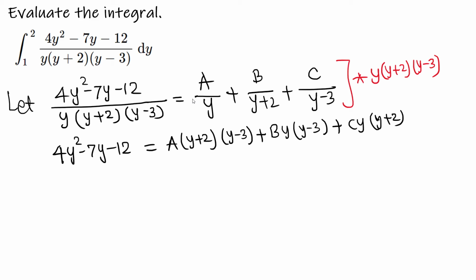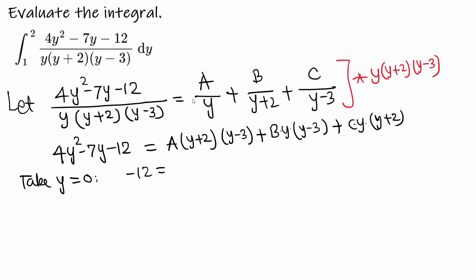So we want to choose y values so that we can isolate a, b, and c. So take y equals 0. Here b is multiplied by y, so b will be 0, this term will be 0, then we can find the value of a. Take y equals 0: 4 times 0 squared, minus 0, just negative 12 here.